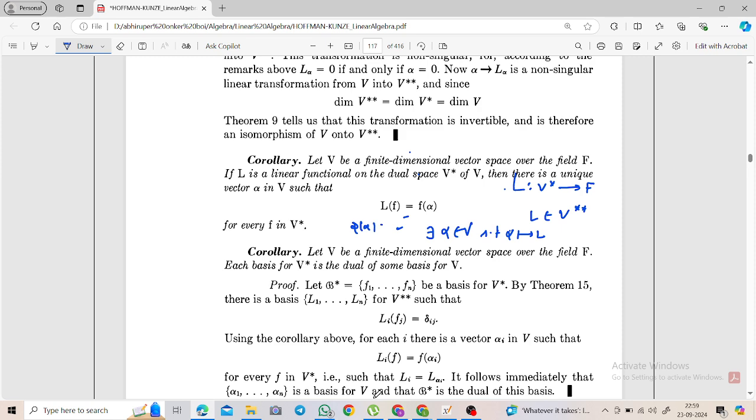Phi alpha is L. There exists alpha, right? So what will be L of f? It will be f of alpha, just the way L alpha was defined. They are saying there exists an alpha such that L is L alpha. That's their point.